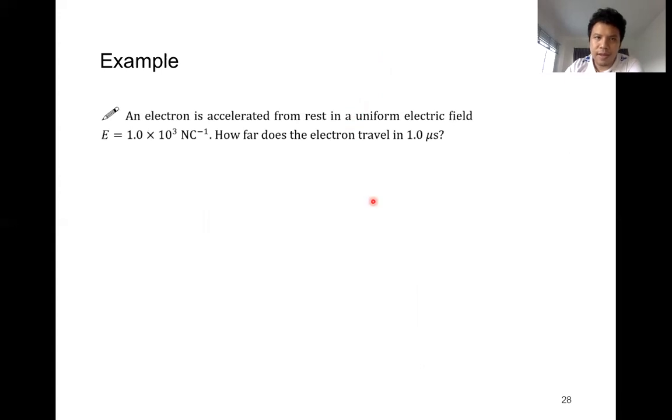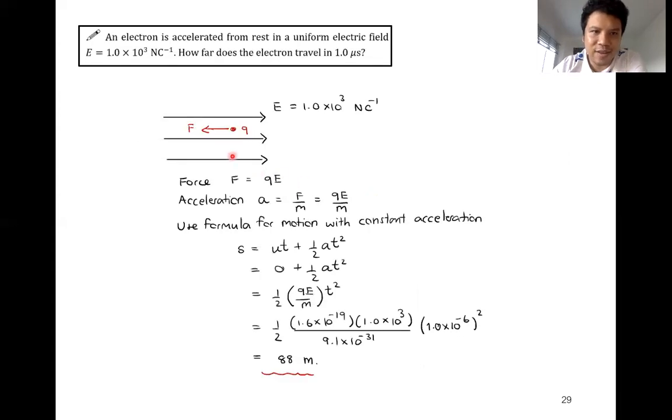Okay, and then there is another example about accelerating an electron in an electric field. We can relate the relationship between E and F, or F equals QE, with the acceleration.